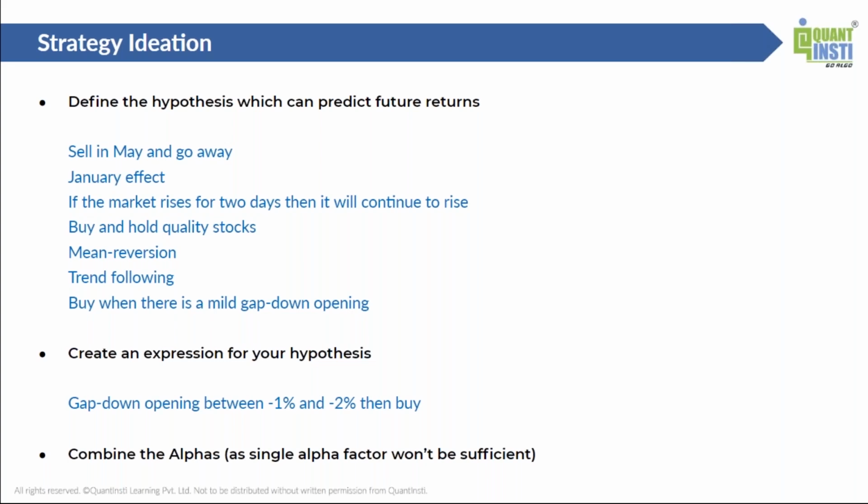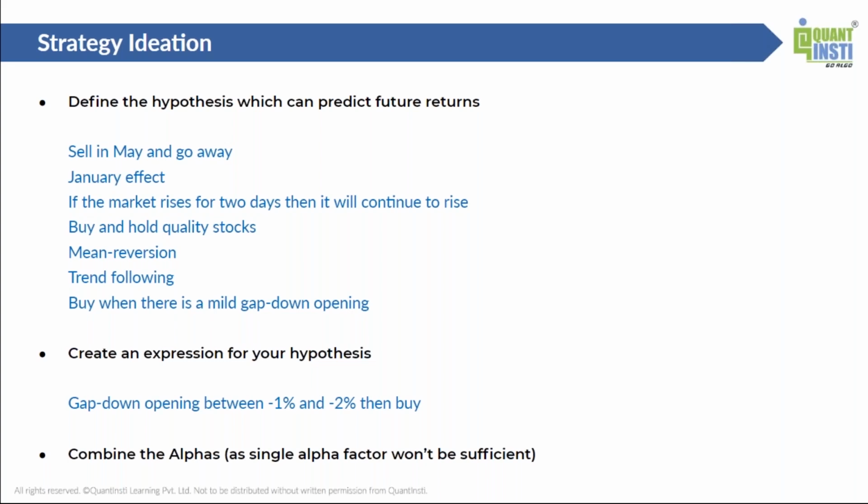So once you have the hypothesis, the next idea is to actually translate this into some kind of an expression which can be tested. So for example, this is very vague. For example, buy when there is a mild gap down opening. So why this is vague is because there is no definition of mild in this.